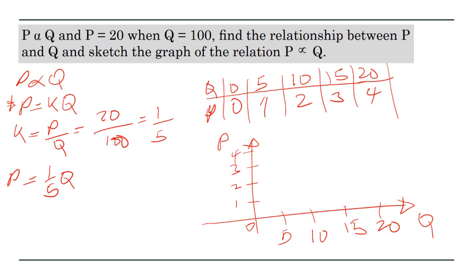When Q is 0, P is 0. When Q is 5, P is 1. When Q is 10, P is 2, so these ones are meeting here. When you're at 15, you go there, meeting here. When you're at 20, they're meeting there. So that's your straight line equation.